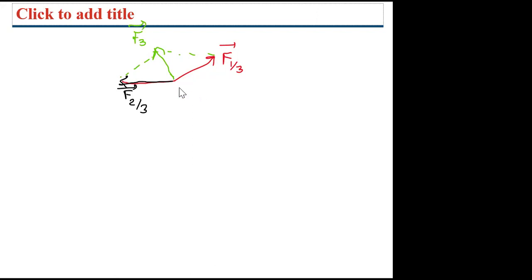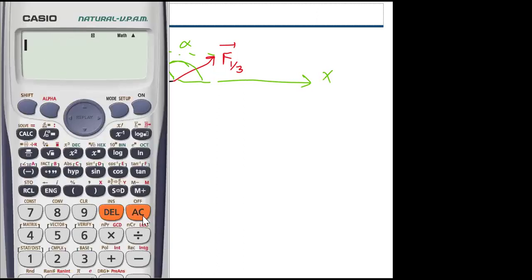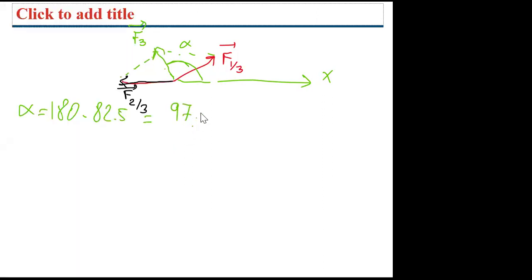So this is f3. What is our angle? This is the x-axis, and this is the angle alpha. Alpha equals 180 minus 82.5, which is equal to 97.5 degrees. So this is our direction.